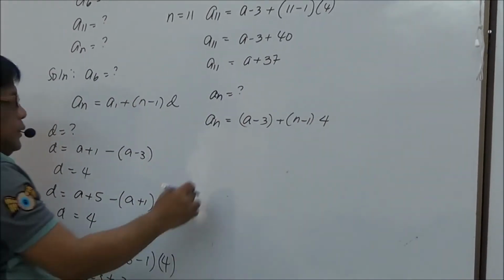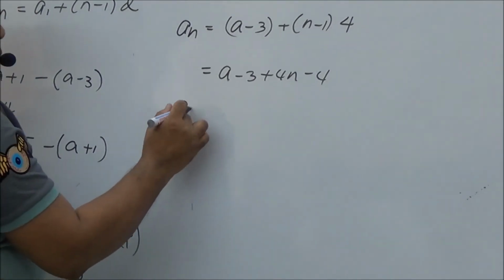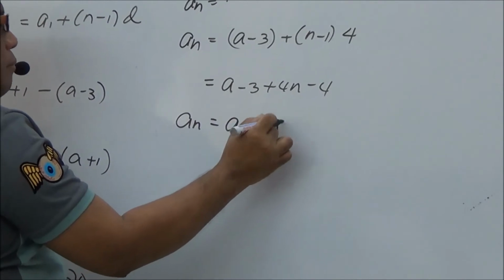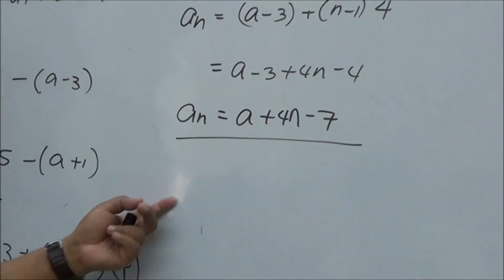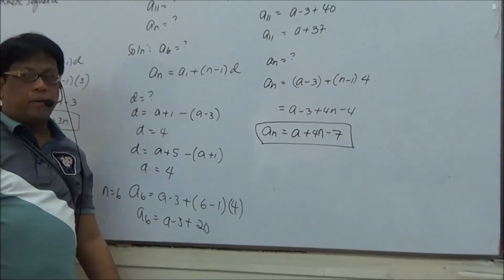Okay? So where we have this now as, a sub n now equals a plus 4n minus 7. Okay? So this is the formula for the nth term of the given sequence. Okay?